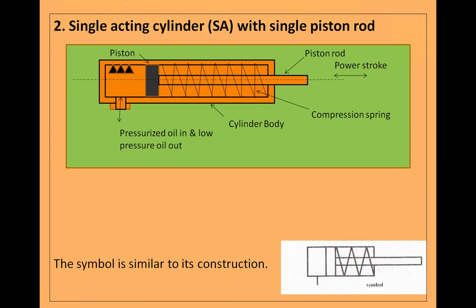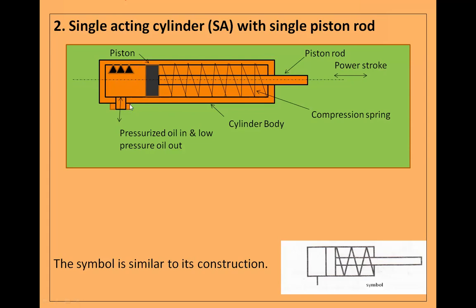The forward stroke is called the extension stroke, or extension, and the return stroke is called the retracting stroke, or retraction. When it comes back towards its original position, whatever fluid is inside the cylinder comes outside through the same port.